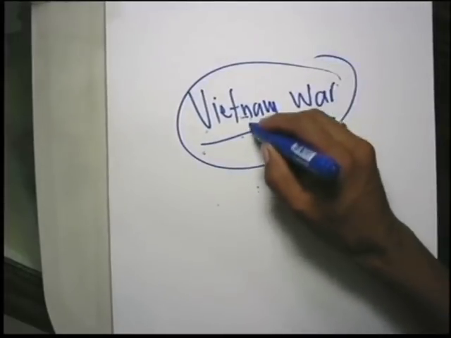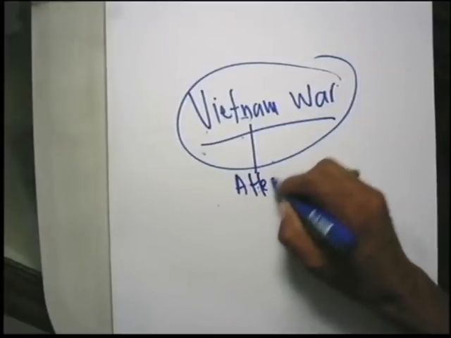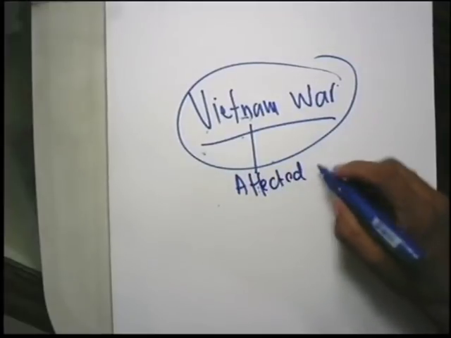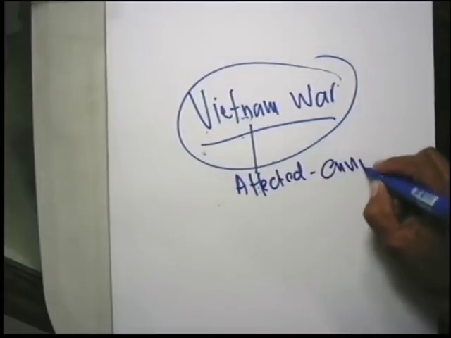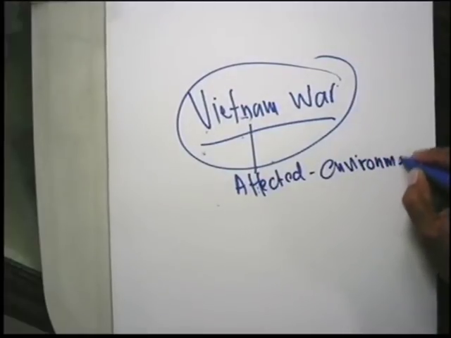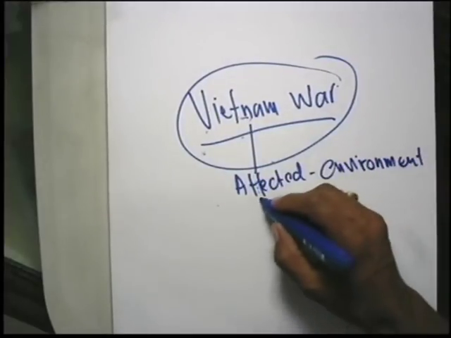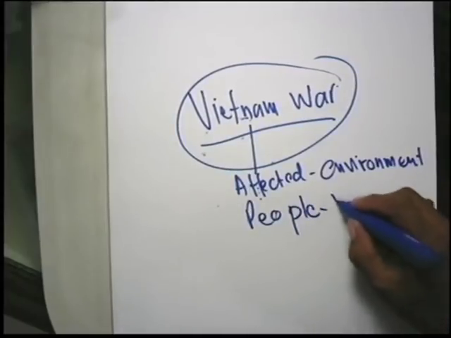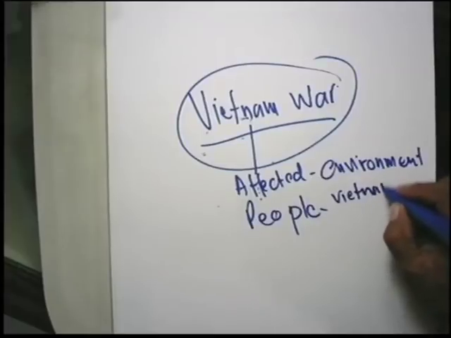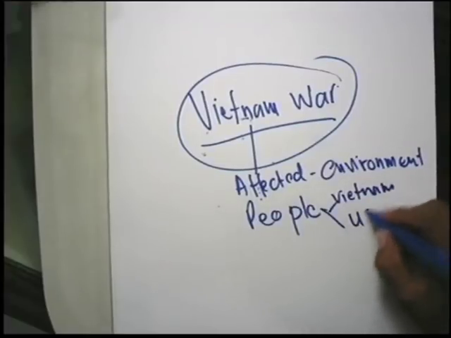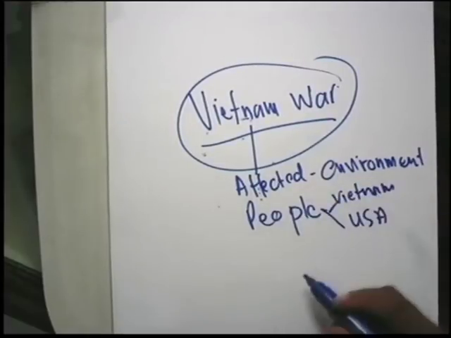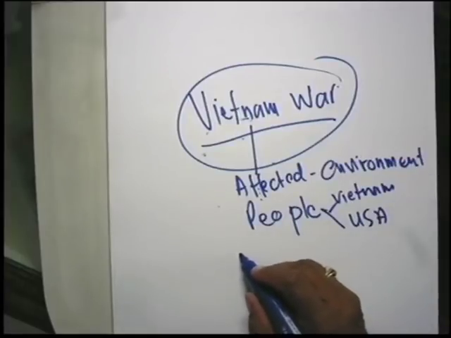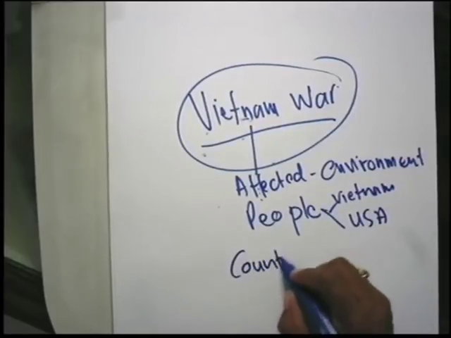So the war affected the environment, it affected the people, both in Vietnam and, for example, in the USA. And then it also affected the country itself.